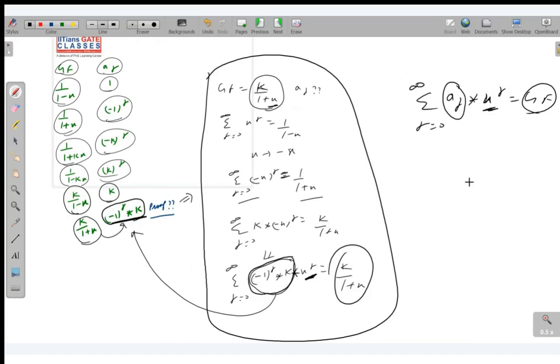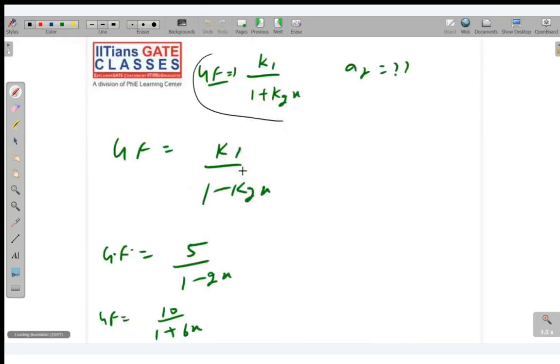Okay, so let me jump to the next slide now. See this generating function is k1 upon 1 plus k2x. So what is the numeric function? That is my question now. If it was 1 upon 1 minus x, then no problem.